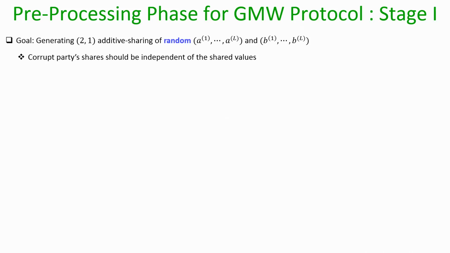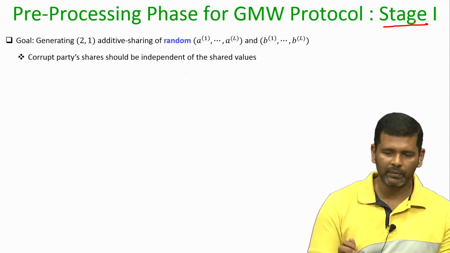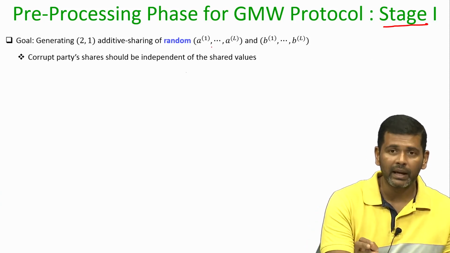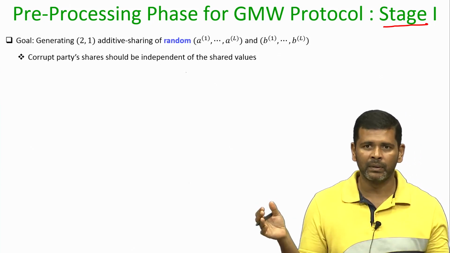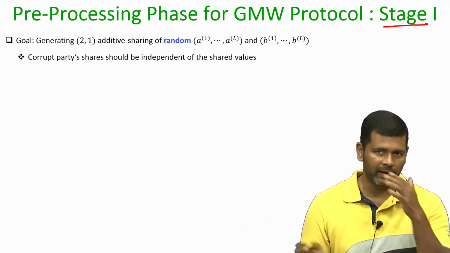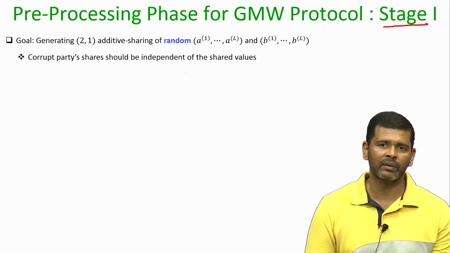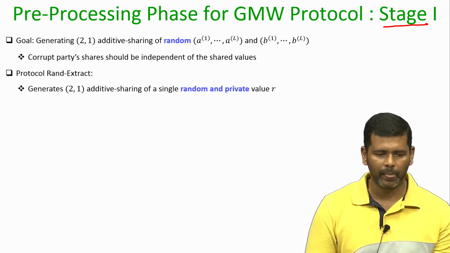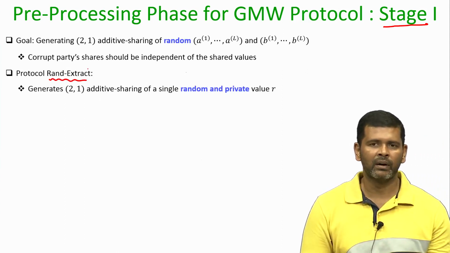So, now let us see first the stage 1, and what is the goal of stage 1? We want to generate the A and B components, the bits A and B for all the L multiplication triples in a secret shared fashion among the two parties, with no party knowing the exact values of the A bits and B bits. And for this we will use a protocol which I call RAND extract.